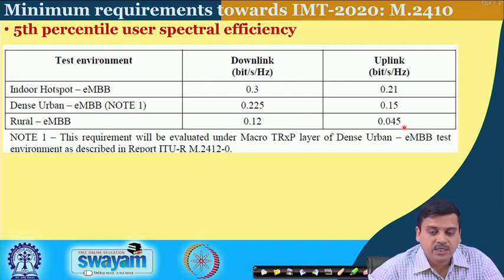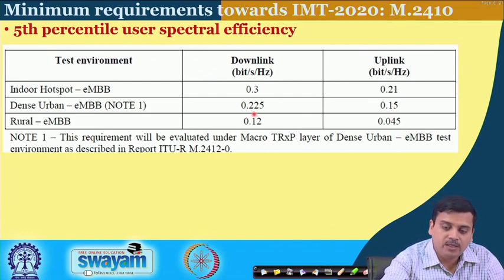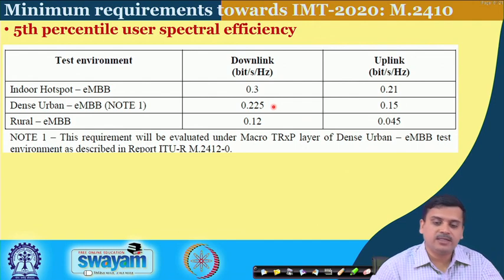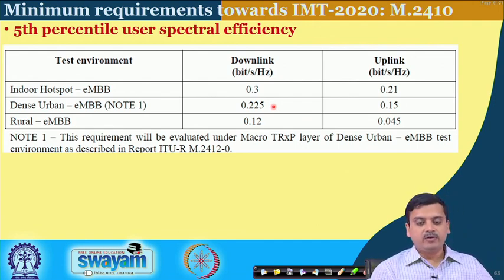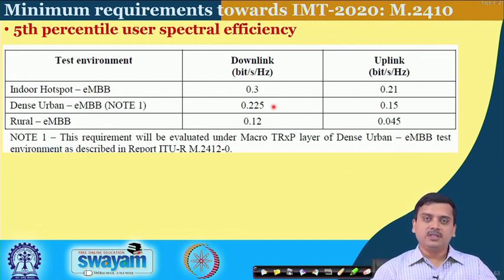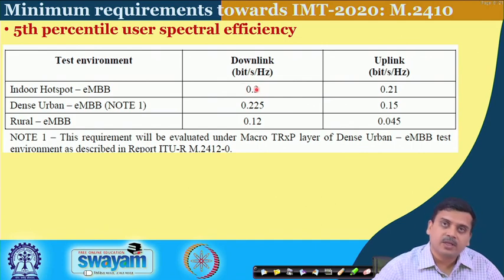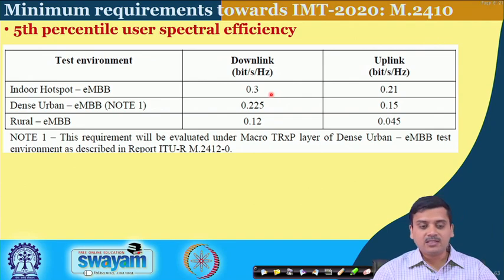So, what we see is that in the rural scenario the number is the lowest, whereas in indoor it is the highest, and dense urban is somewhere in between. There could be several reasons for this, which will become clearer. In the indoor situation you have a very strong desired link and the interference is relatively less.